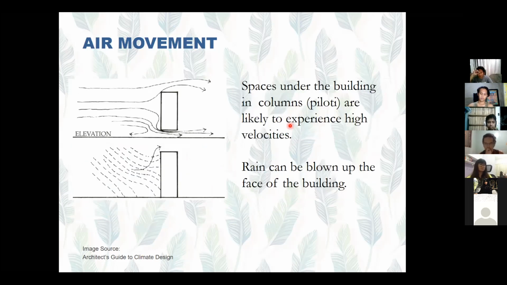Now, spaces under the buildings and columns, if your building is in piloty, okay, are likely to experience a high velocity. Okay? An example of this one is mga condominium by DMCI na ginagawang parking space yung lowermost floors, yung space yung sa taas. Okay?